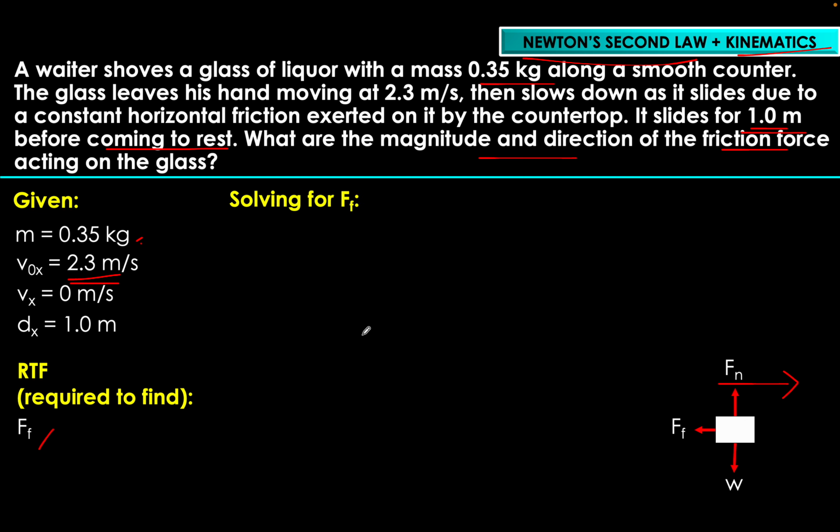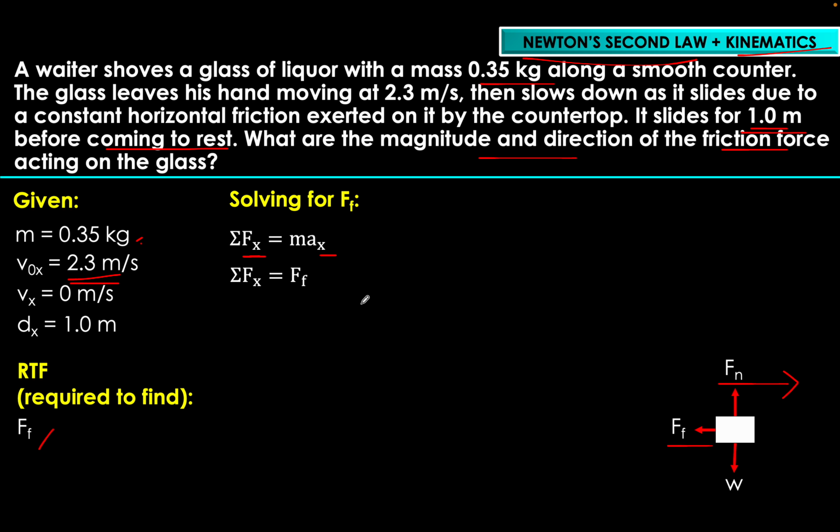Next, going forward, let's try to solve for frictional force. The equation for second law is sigma F equals ma. Take note that I just added the subscript x to specify that we're dealing with horizontal motion. So there's nothing tricky in there. Next, we know that the only force acting along x is the frictional force.